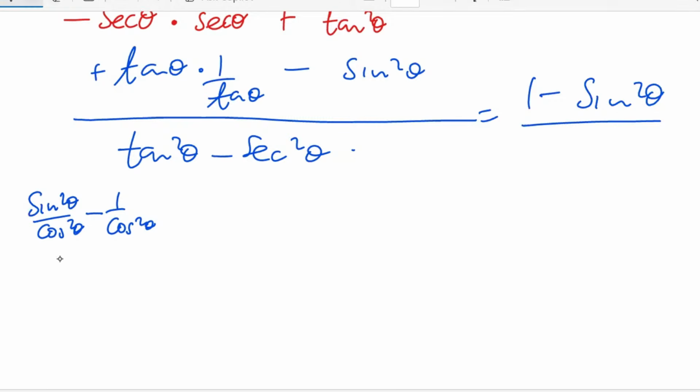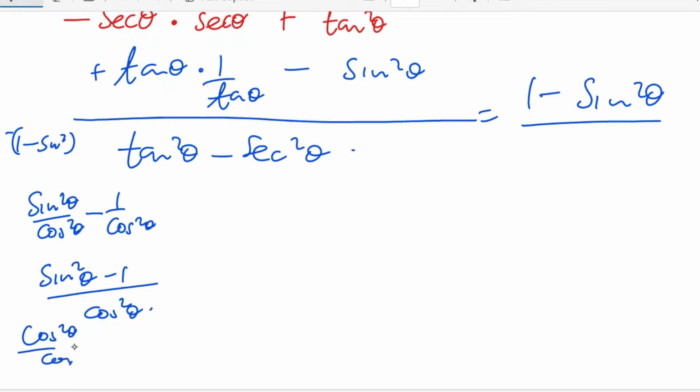So we don't need to cross multiply, just say sine squared theta minus 1 over cos squared theta. So we know that sine squared minus 1 is the same as 1 minus sine squared if we introduce a negative, which is going to give us the cos squared. So it will be cos squared over cos squared, which is going to be 1. So I'll say this is a negative 1. So on top, we're going to have a cos squared theta over negative 1, meaning that our answer is a negative cos squared theta.